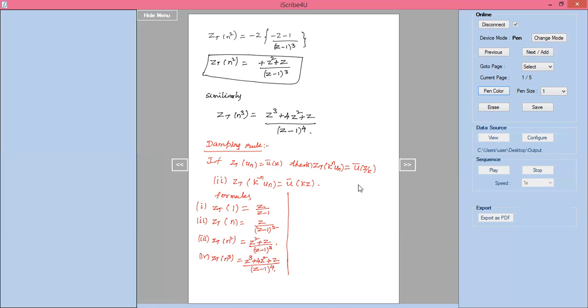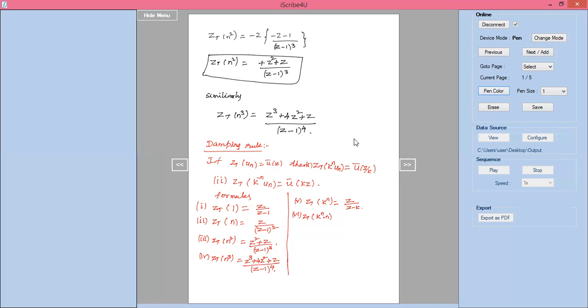Similarly, using these formulas, the fifth one I'll take is the Z transform of k power n. I already proved that formula: Z by Z minus k. Now using the damping rule, the Z transform of k power n into n.